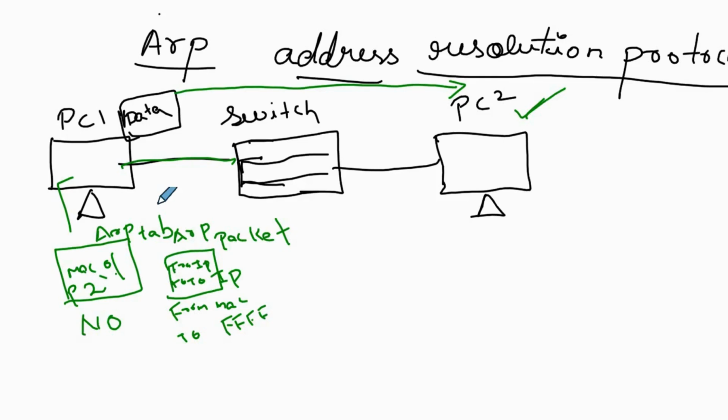So the switch will identify, imagine this packet is sent to the switch.